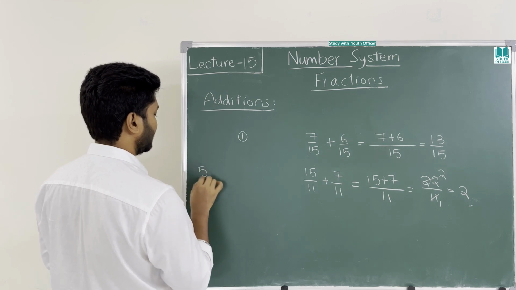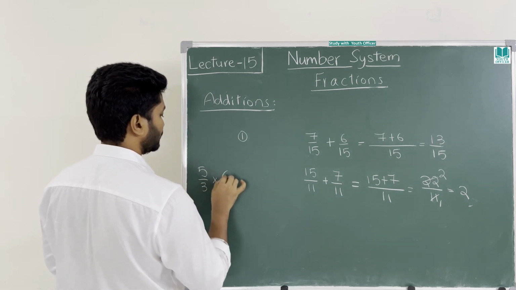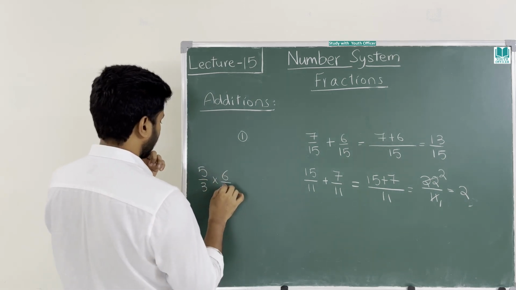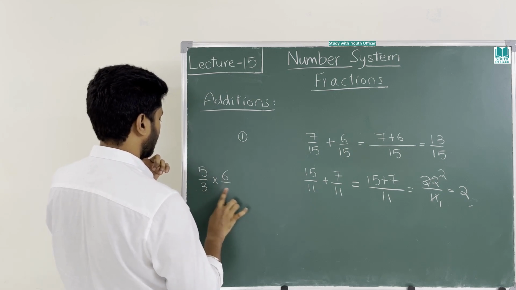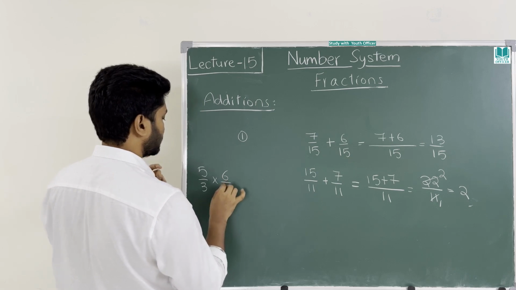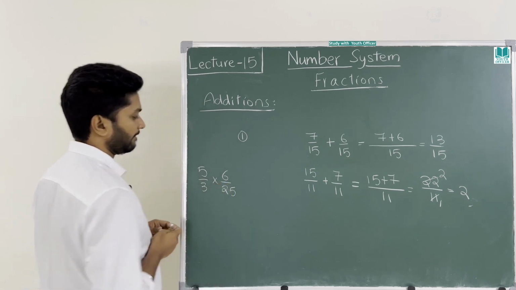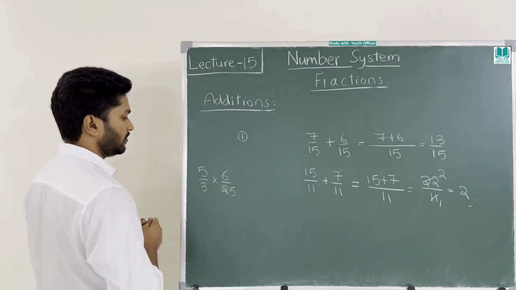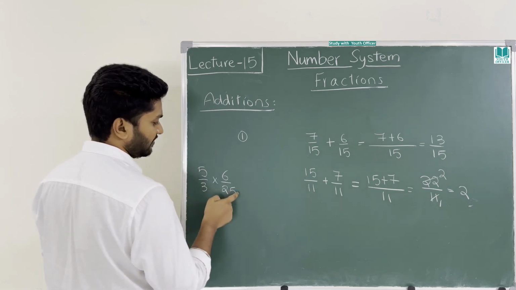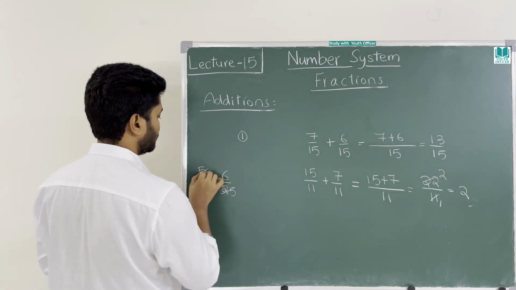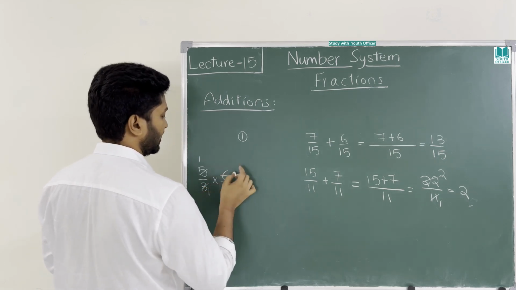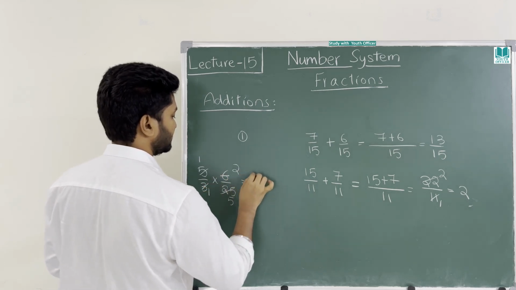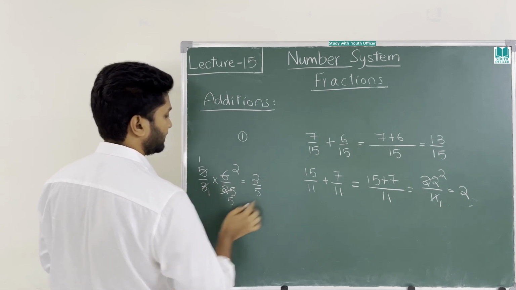Like 5 by 3 into 6 by 25. Now you can cancel 5 here, 5 times. I will show you two types. 5 times and cancel 1. This 6, 2 times. The answer is 2 by 5, right?